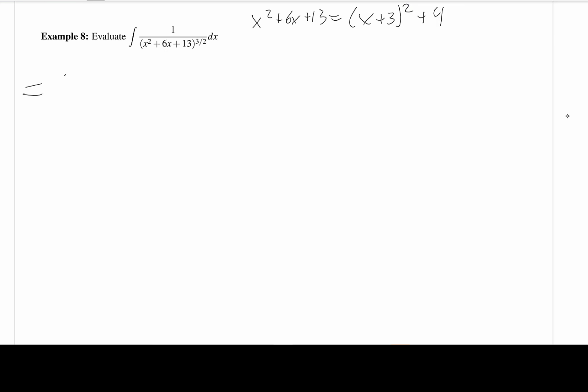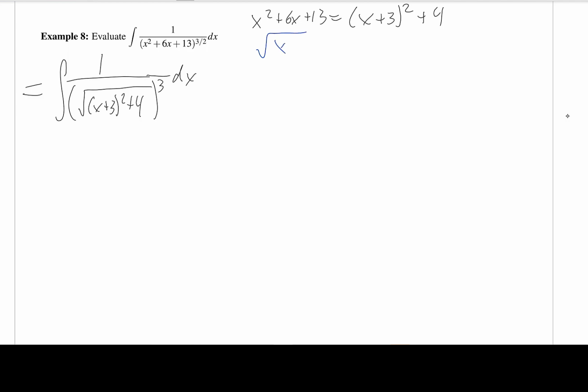So this integral is equal to 1 over the square root of x plus 3 squared plus 4. Then we've got to cube this. And so I have something that looks like x squared plus a squared.